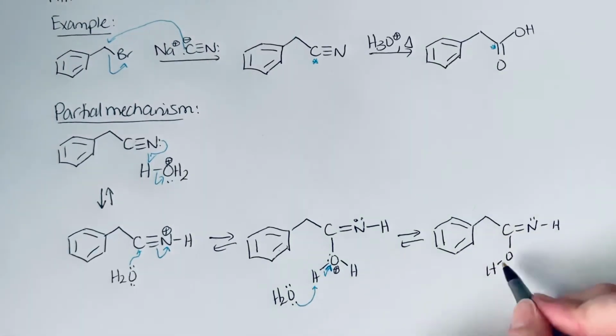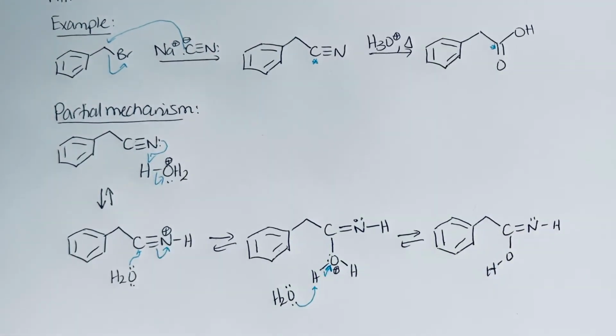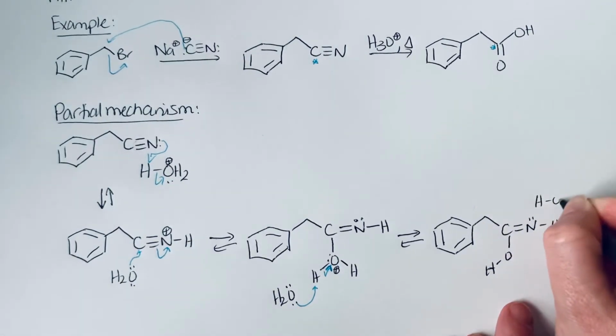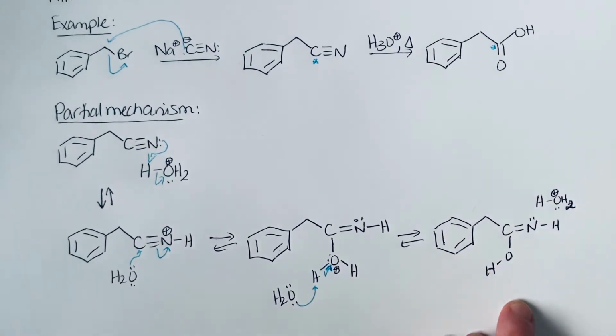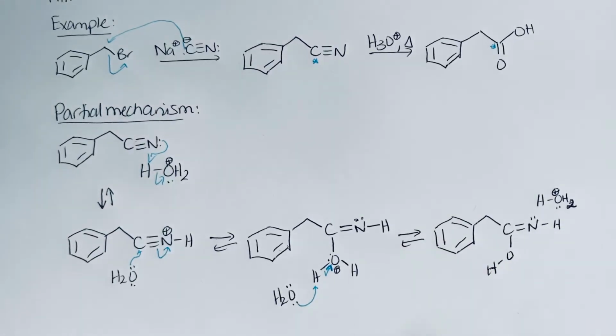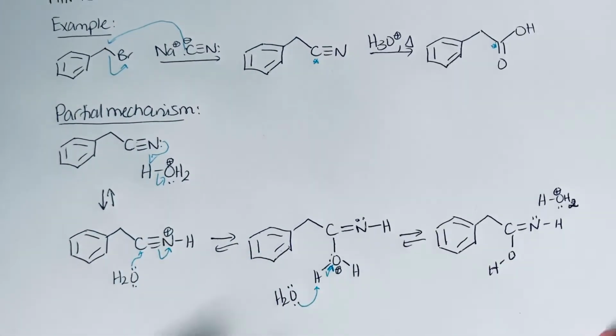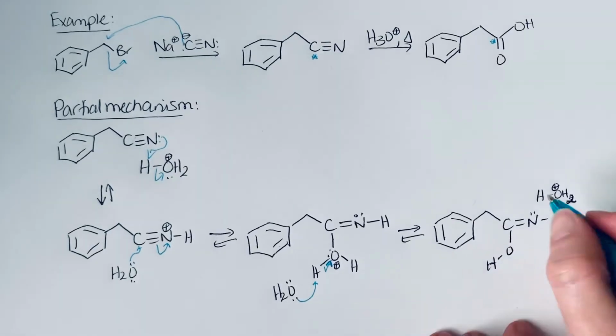And so now we can protonate this nitrogen. So we can protonate this with another equivalent of H3O plus. I say another equivalent, but really it is catalytic, right? We use some H3O plus there, we regenerated it here. Overall, we don't change the concentration of H3O plus.